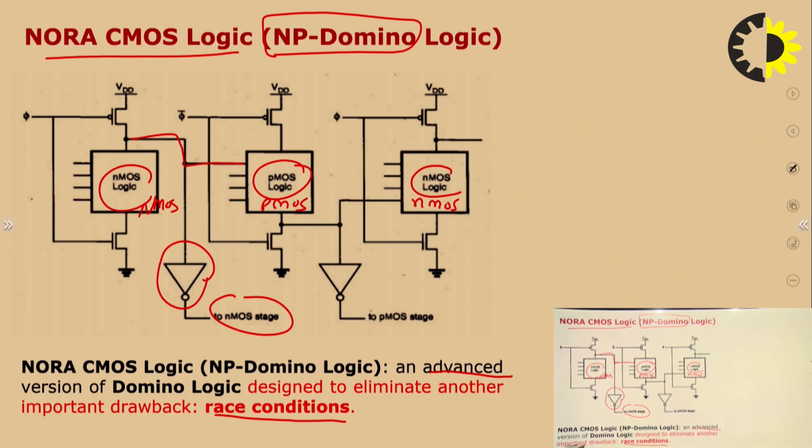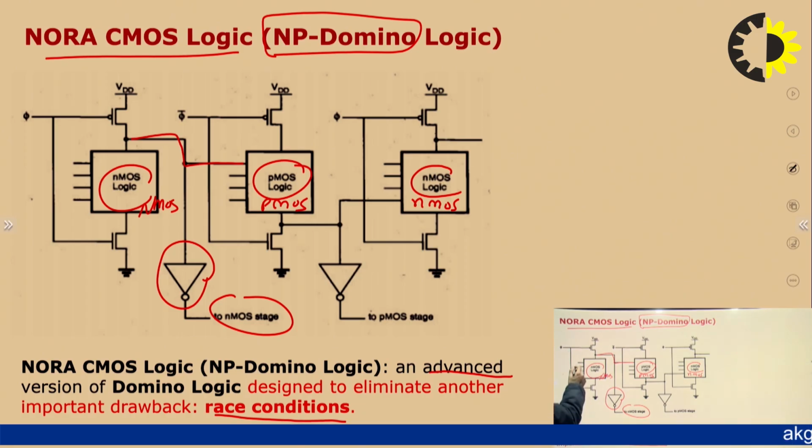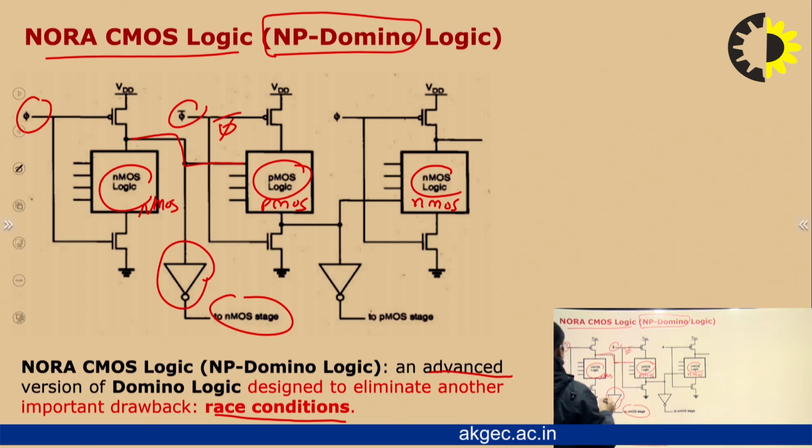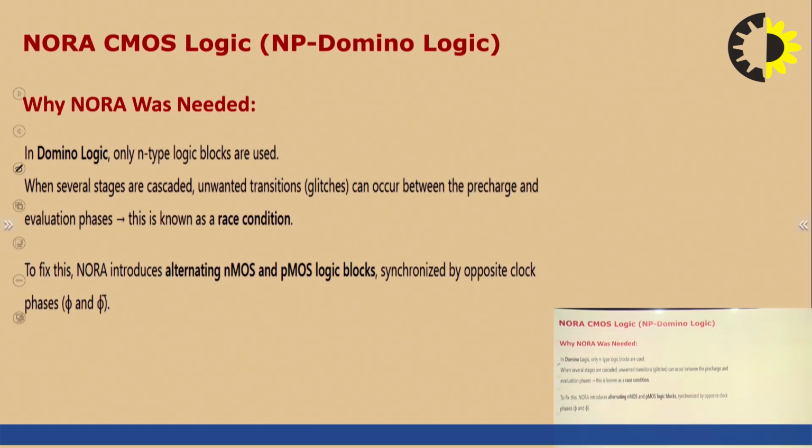Also we have to note that the first stage works on clock, and the second stage works on clock bar. So when the clock for the first stage is low, the clock for the second stage is high. So they work alternately, and the race around condition is avoided.